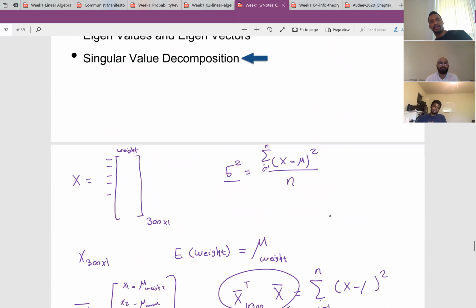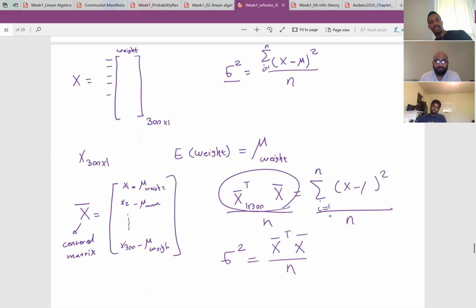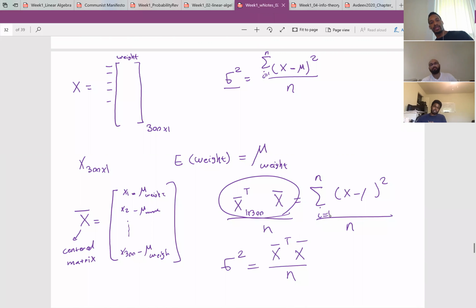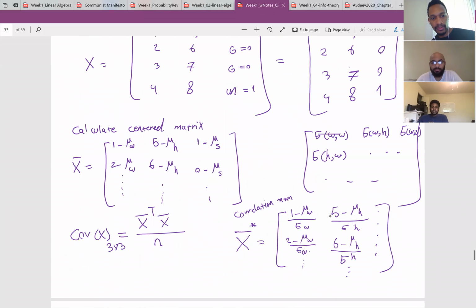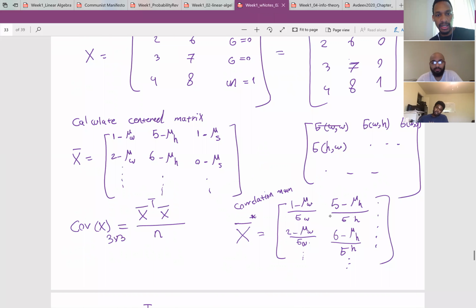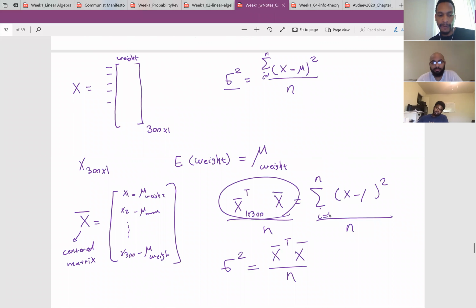Okay. And then there's singular value decomposition. I didn't really know what he was talking about here. Well, I knew what he was talking about, but I didn't really see the relevance. I'll try to tease out what I think was relevant. I think here he's talking about a centered matrix, and I think this is useful for data analysis.